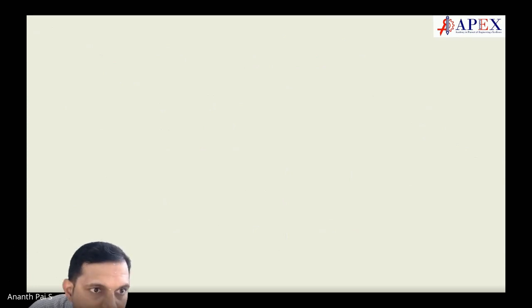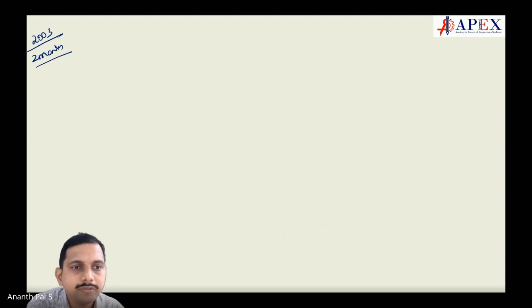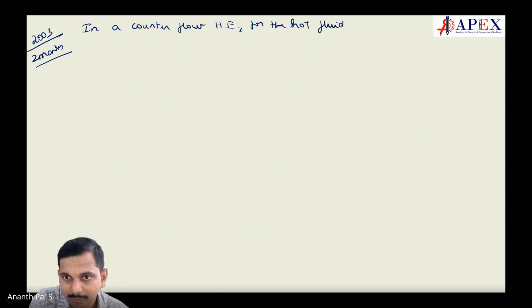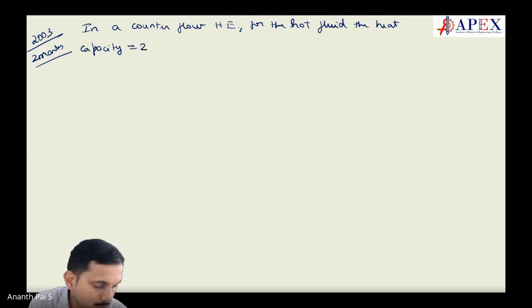This question came in 2003 for 2 marks. In a counter flow heat exchanger, for the hot fluid, the heat capacity equals 2 kilojoules per kg Kelvin.